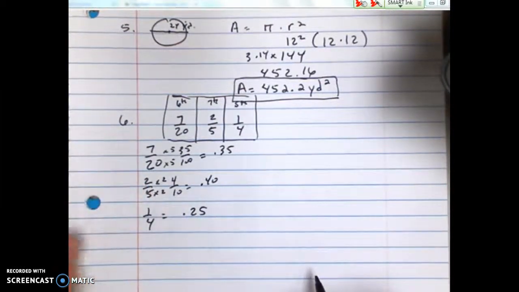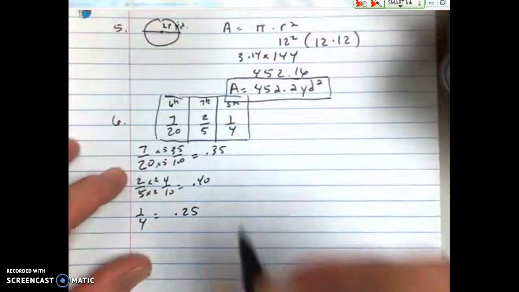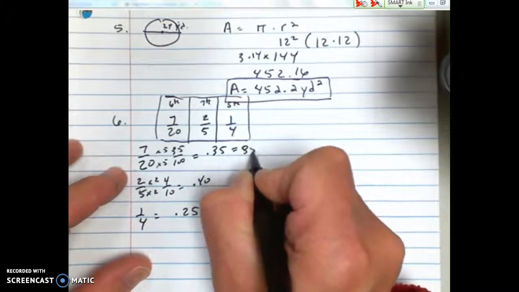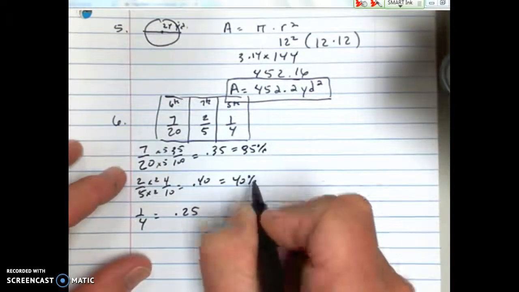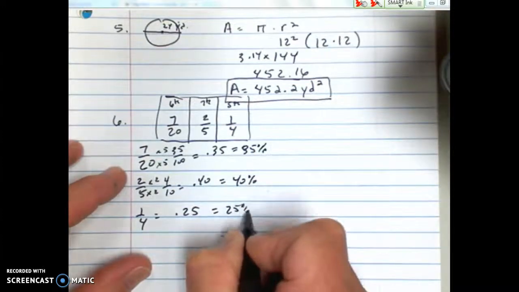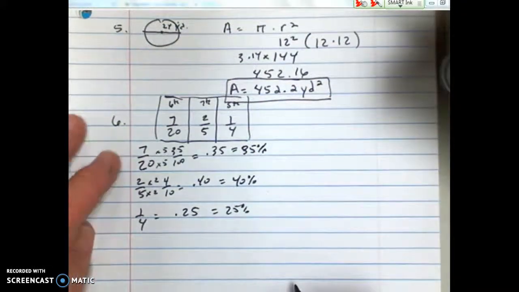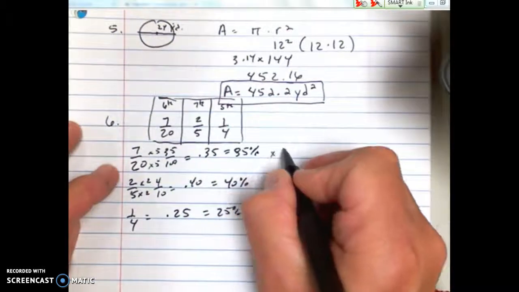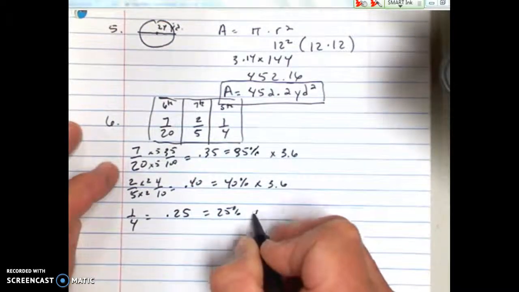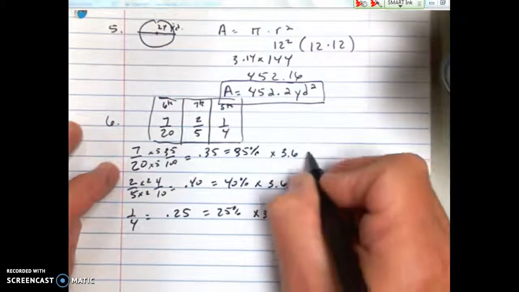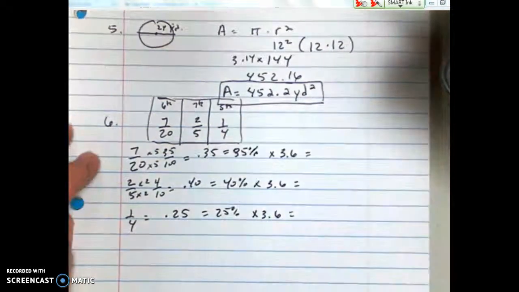Now I'm going to put this into percents first of all. So this is 35%, and this is equal to 40%, and this is equal to 25%. And we want to take all of our percents and multiply them times 3.6 to get how many degrees we're going to make our circle graph.